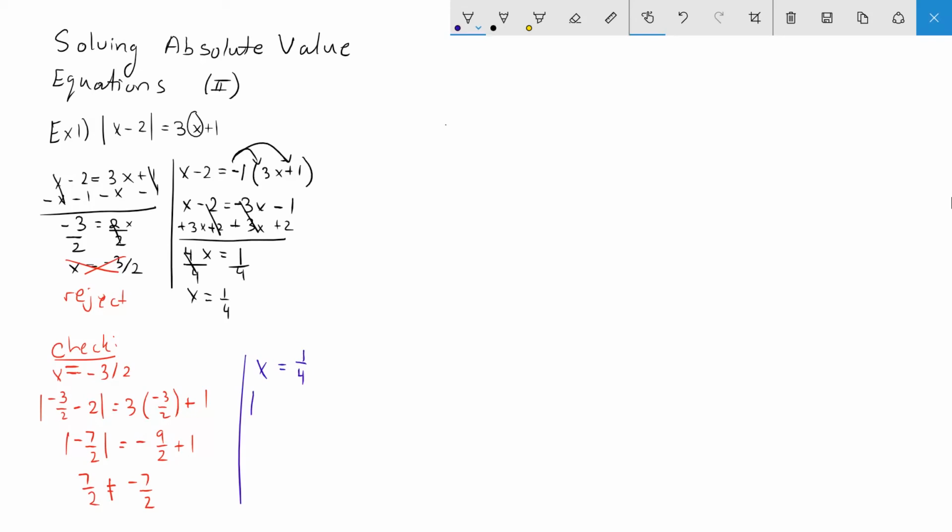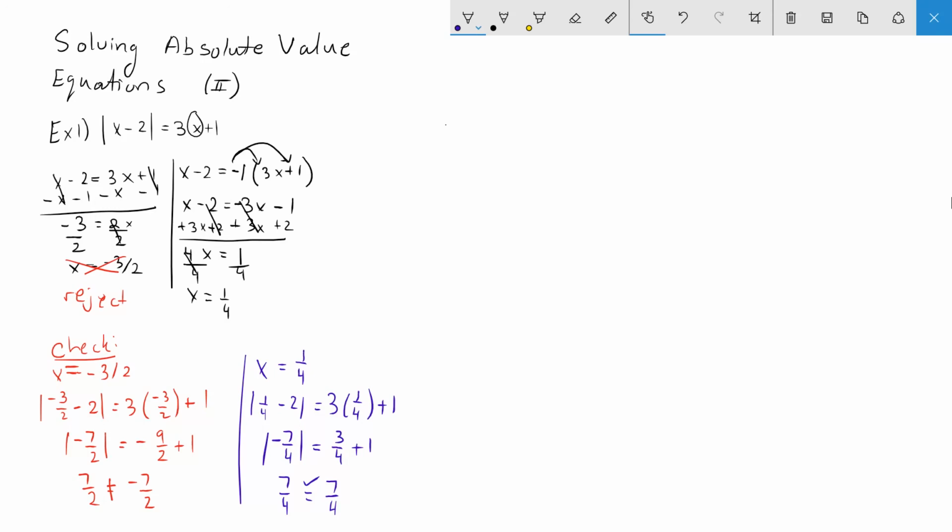So we have the absolute value of 1 over 4 minus 2 is equal to 3 times 1 over 4 plus 1. 1 over 4 minus 2, well, that's just going to be negative 7 over 4, is equal to 3 over 4 plus 1. The absolute value of negative 7 over 4 is just positive 7 over 4. And when you add 3 over 4 and 1 together, you get positive 7 over 4 again. So as you can see, the left-hand and right-hand sides are equal to each other.